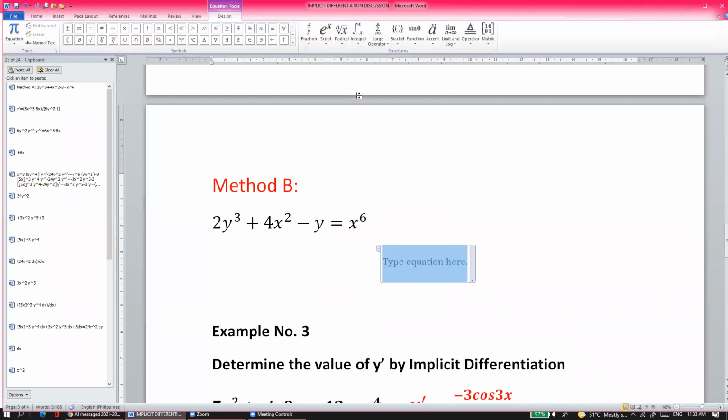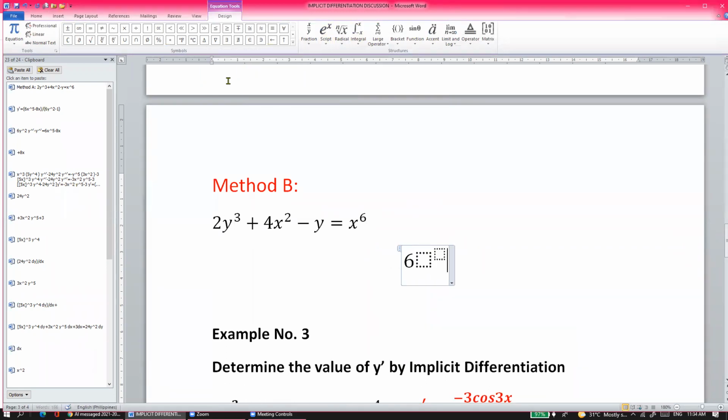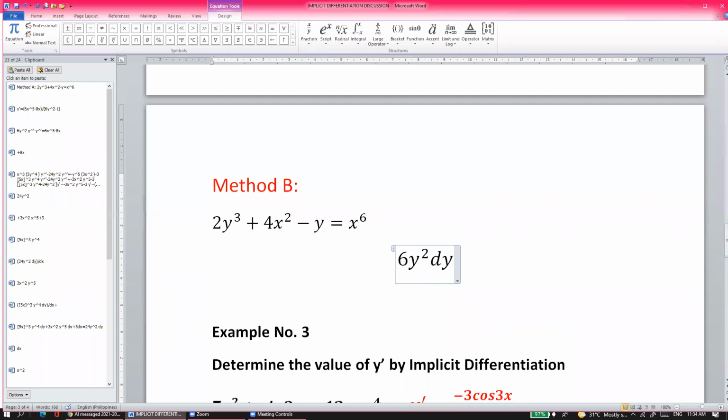Okay, very good. So, I'll type 6, then y squared dy. How about the next term? What is its derivative? 8x. Yeah.